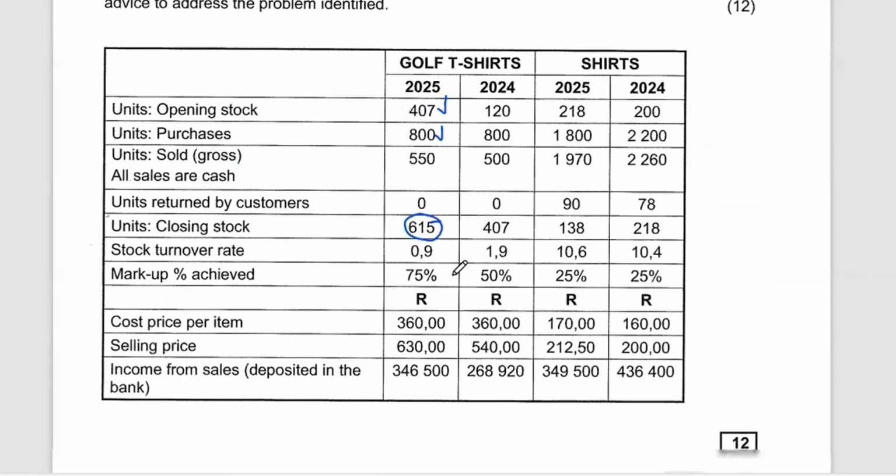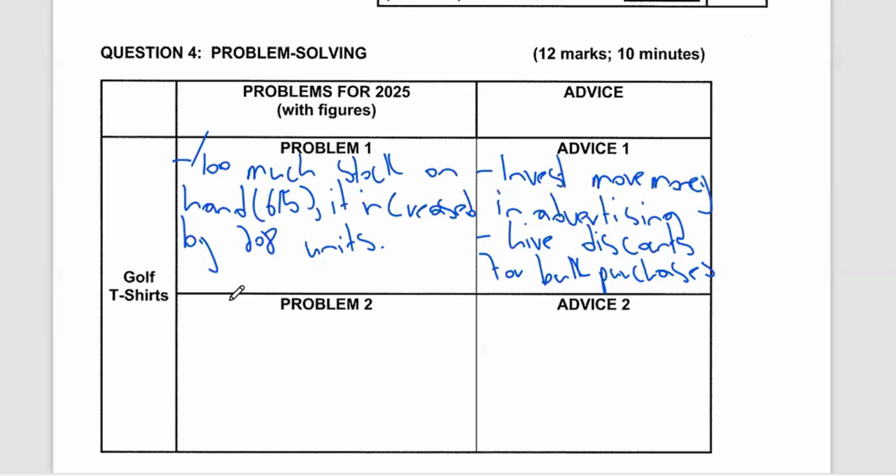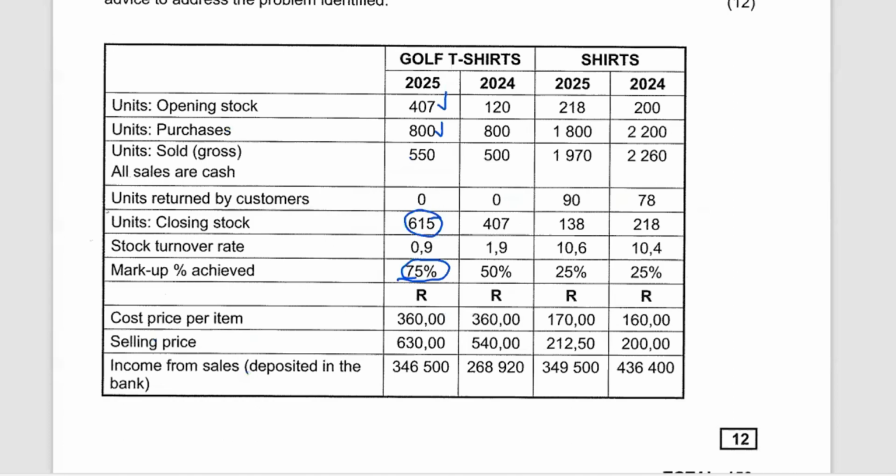Then if you can go back and check the second problem, the markup of 75% is too high. Then let's check the markup from the previous year. It increased from 50% to 75%.